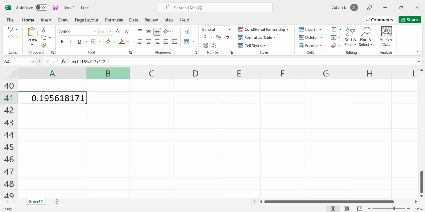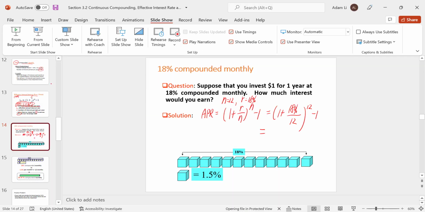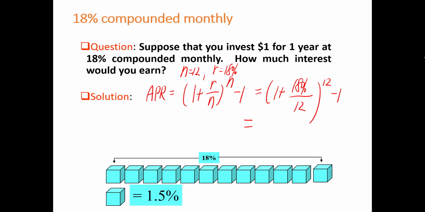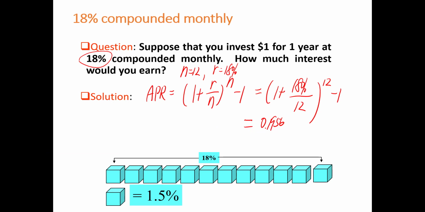So this turns out to be, if you round to 4 decimal places, 0.1956. This means the actual borrowing cost, or the effective interest rate, or APR, is 0.1956. So this 18% is not an accurate description of the actual borrowing cost.